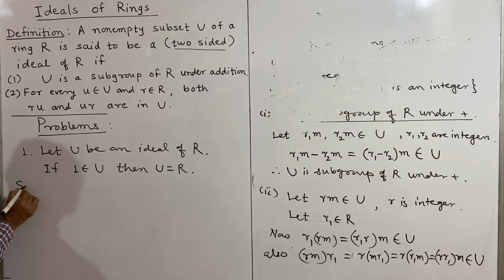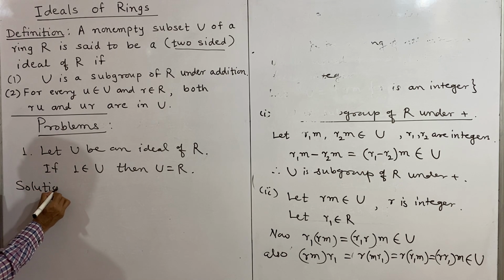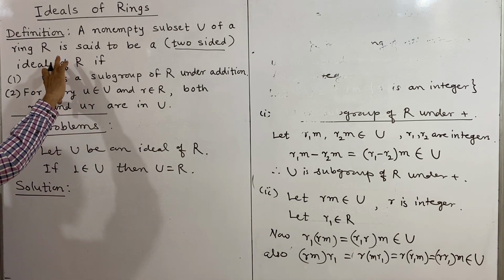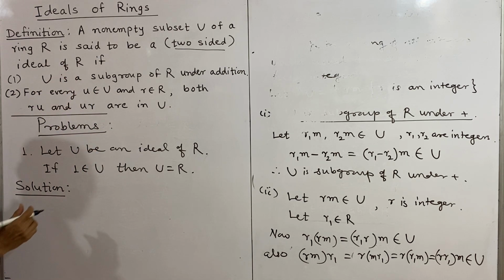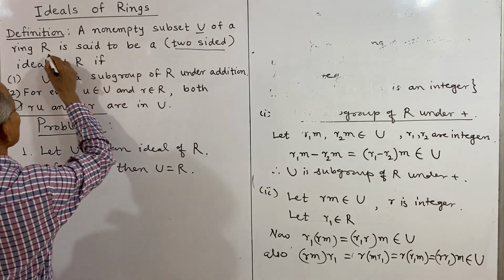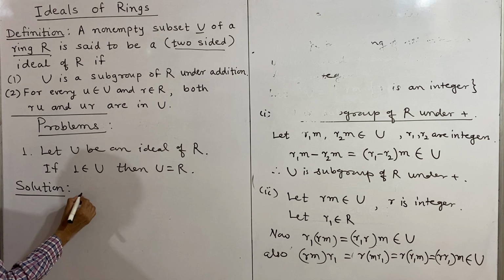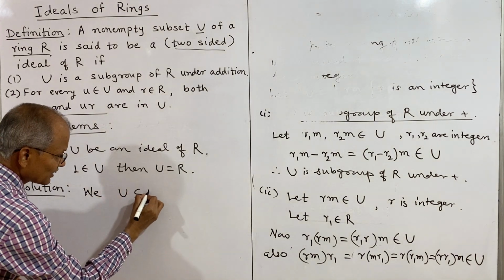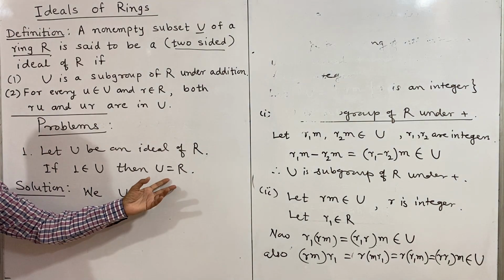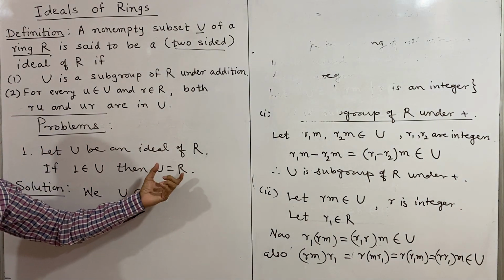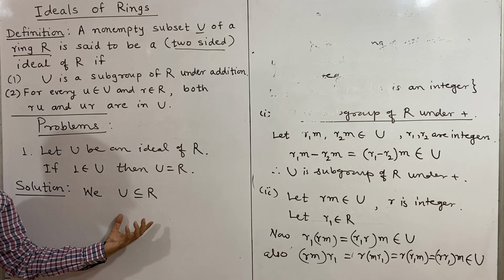Now the solution for this problem. It is given that U is an ideal of R, which means U satisfies these two conditions. Now we know that an ideal U is a subset of R. To prove the equality, what we need to prove is that R is also a subset of U. If the sets are subsets of each other, then they are equal.